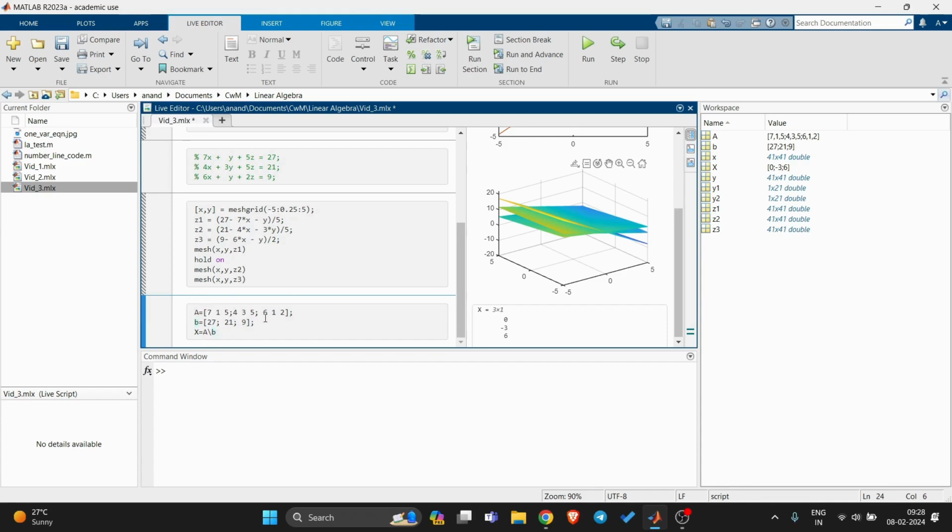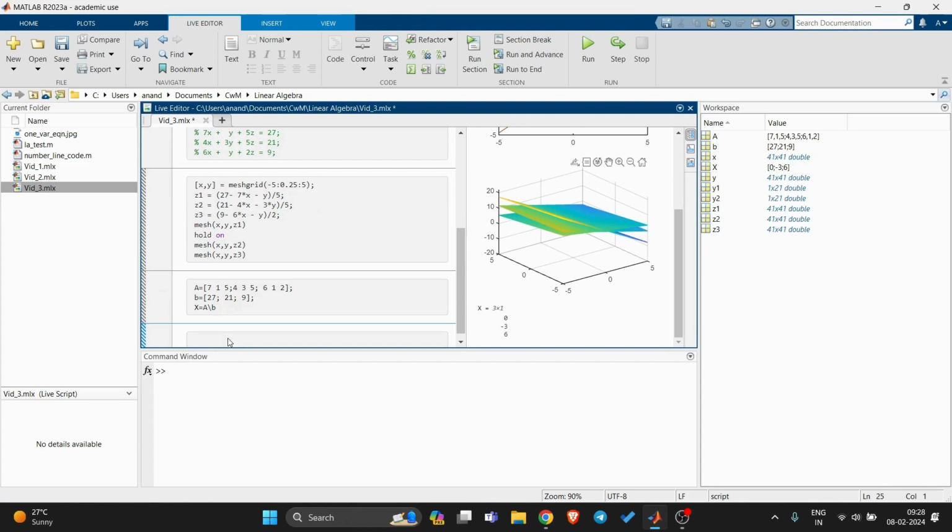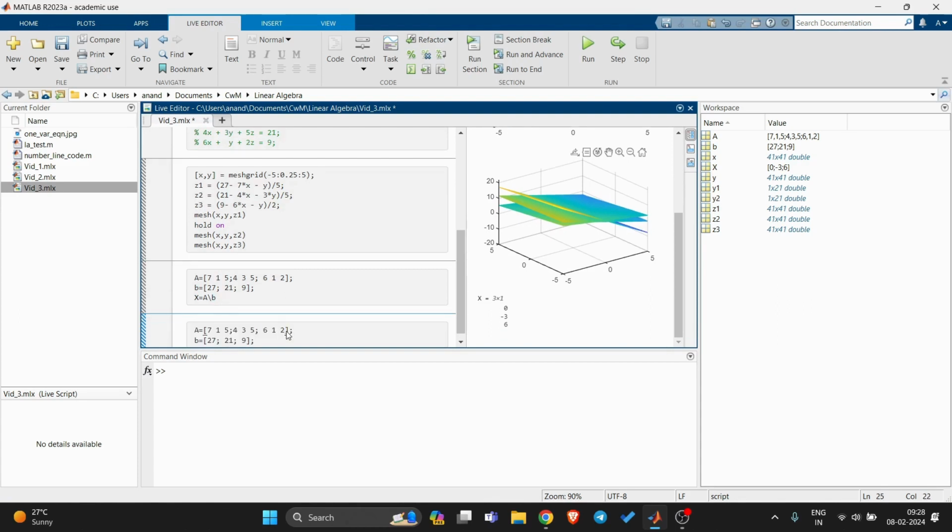An underdetermined system has fewer equations than unknowns. So if I copy this matrix here, paste this, and delete the last row from the vector and the coefficient matrix, then I'll get an underdetermined system.